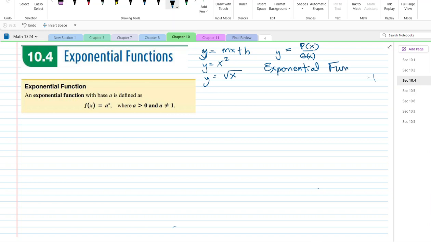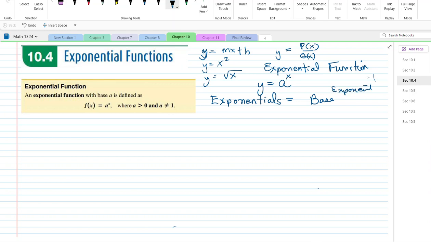Exponential functions deal with y equals some number raised to a variable. All right, well, first let's look at exponentials to begin with. They are a base value raised to an exponent.